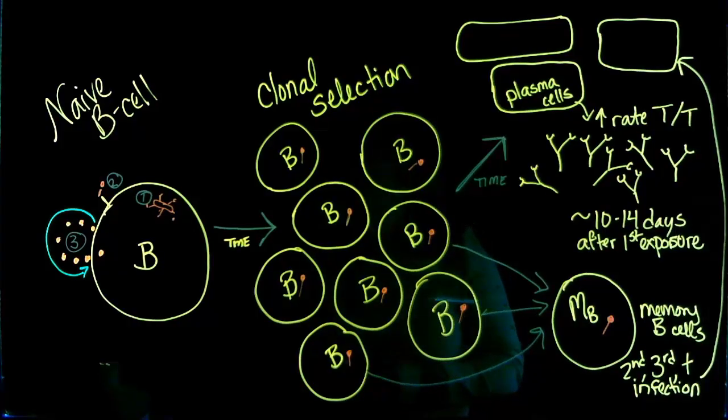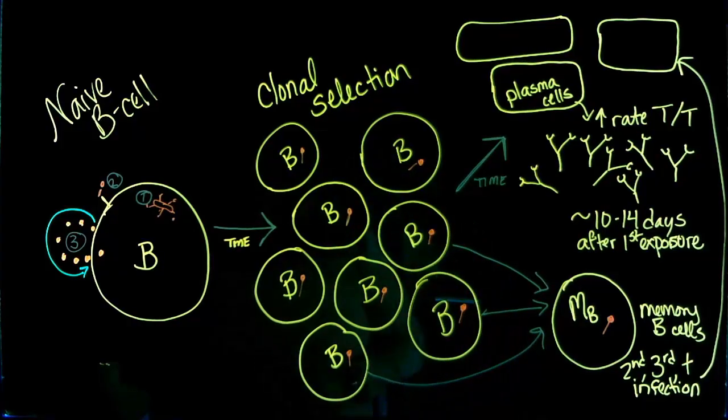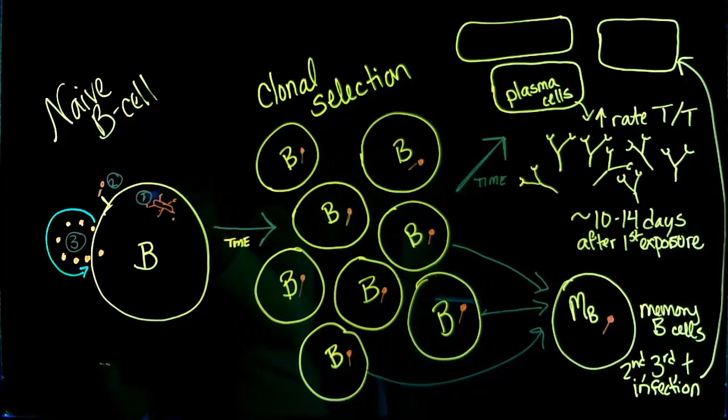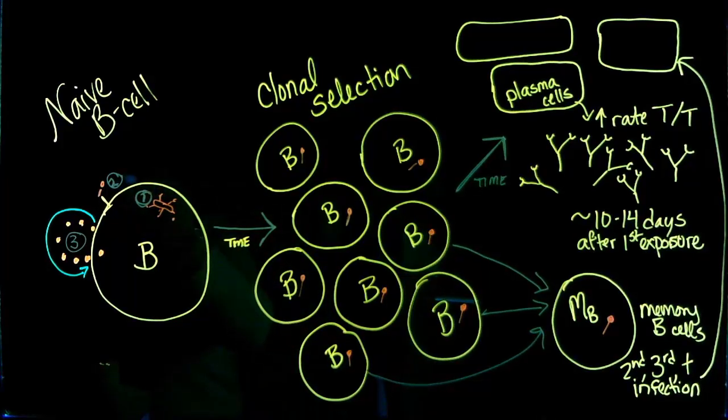Initially, a naive B cell is going to process an antigen, and if it determines that that antigen is dangerous, so we have step 1 here, if this is dangerous and is presented, it'll go through step 3 over here with my interleukins and autocrine signaling.